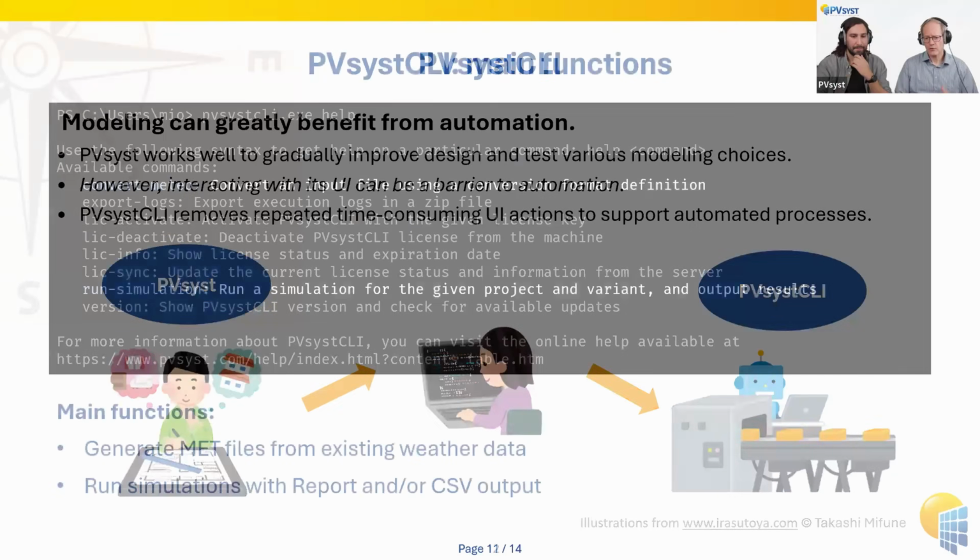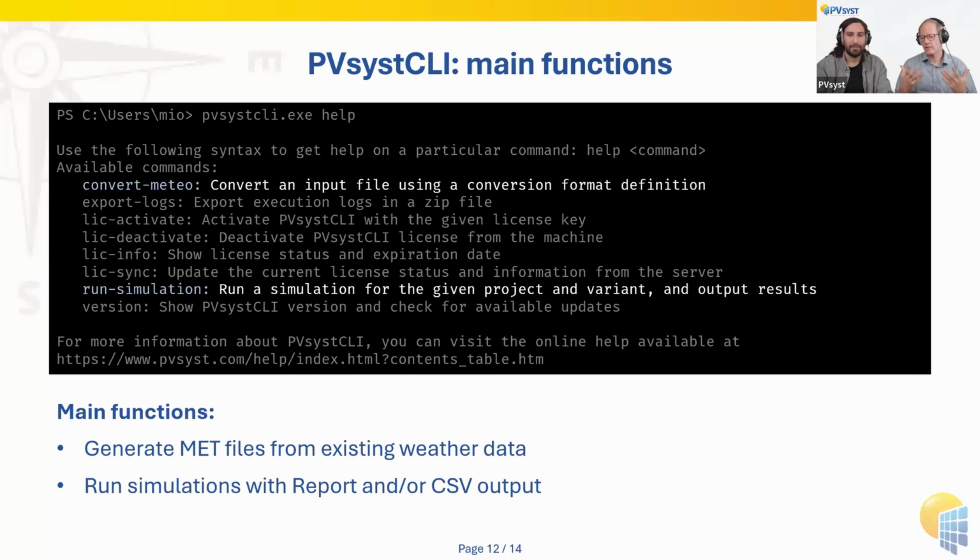Before I do so, just a few words on how it generally works. You launch PVsyst CLI on a terminal. There are some operations that you can execute. Some of them concern just the management of your license or checking the version that is installed. And there are two main operations that are right now implemented in PVsyst CLI, which is generating weather files from custom data.